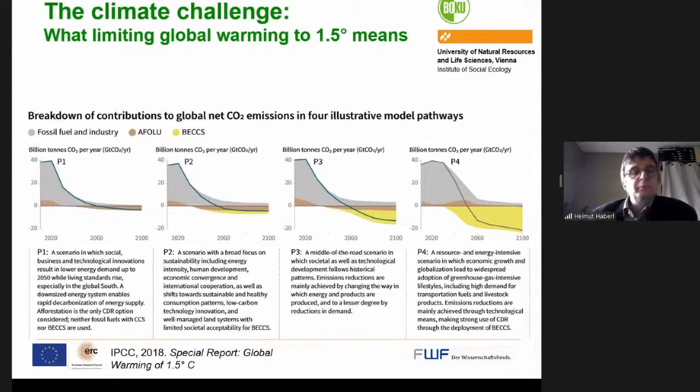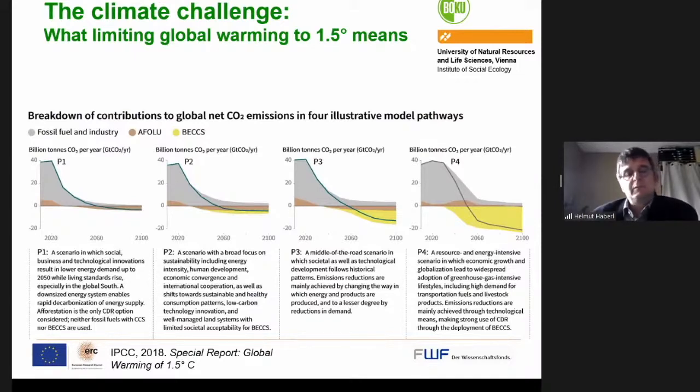This report shows, and perhaps this is not something all of you are familiar with, that if we want to go towards 1.5 degrees, and it's not much better if we aim for 2 degrees, global greenhouse gas emissions must be reduced to net zero in about 30 years' time from now, globally.